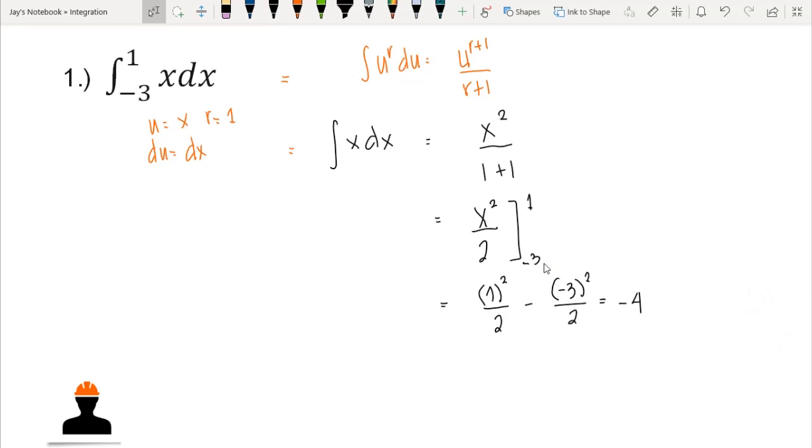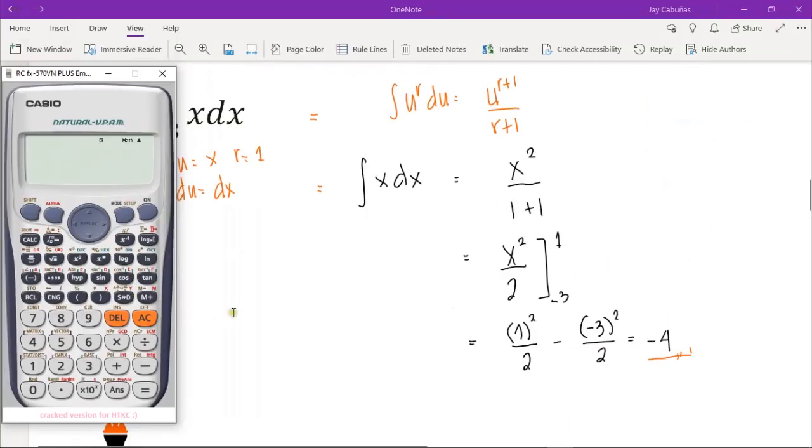So this is now the definite integral of x dx when we have our limit from negative 3 to 1. Now, we can check our answer if it is correct. We can actually use a calculator for this one. If you have your Casio calculator, all we need to do here is to press this button, the integration sign.